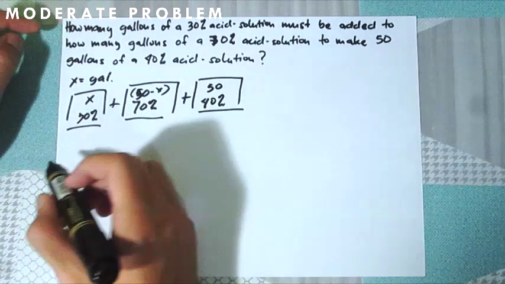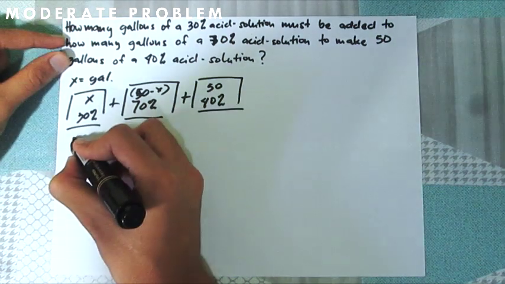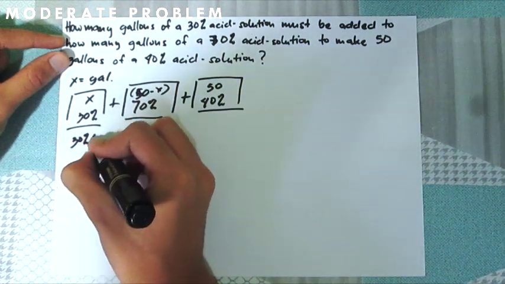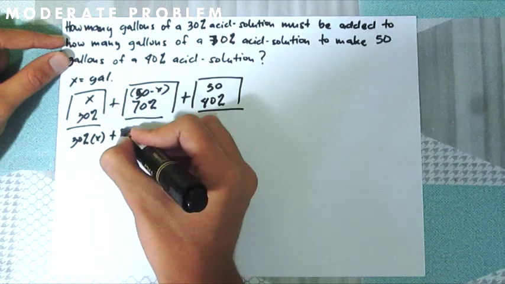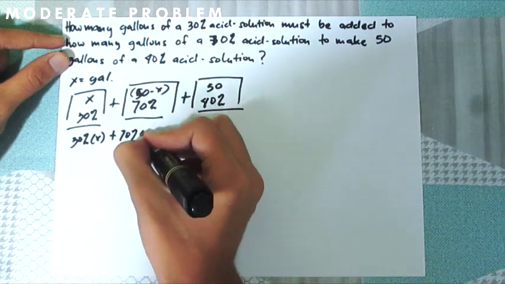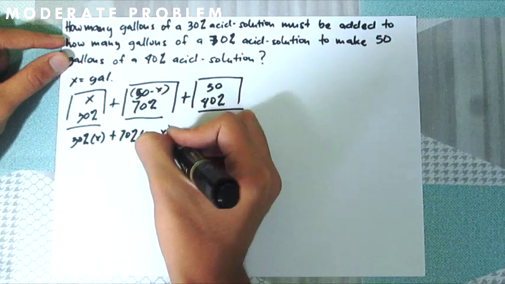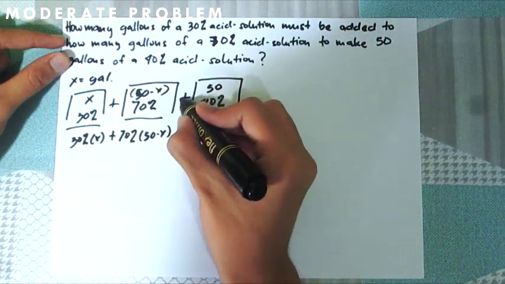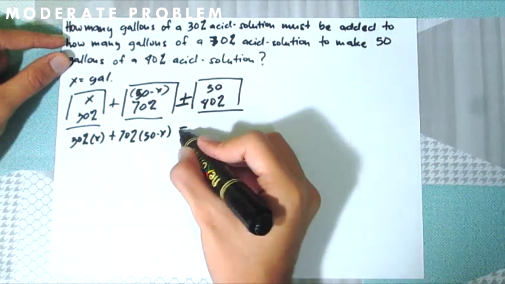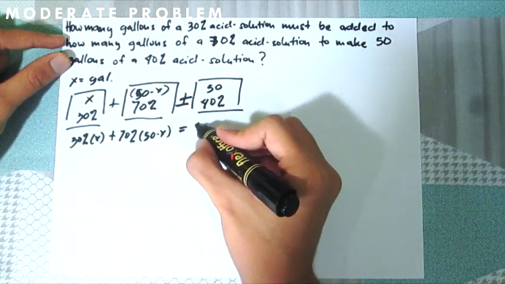So we translate that into a linear equation. So 30% times x plus 70% times 50 minus x equals 40% times 50.